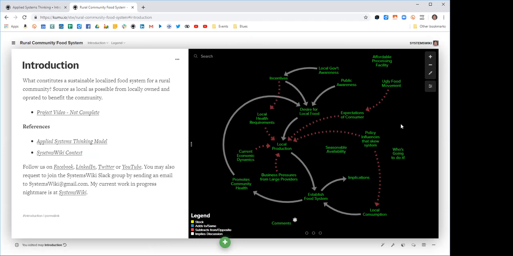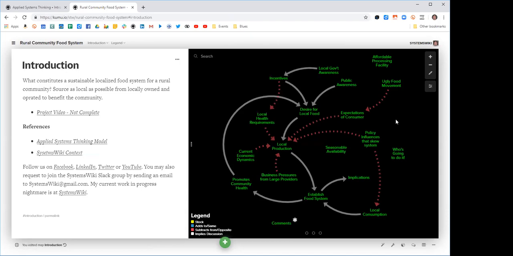So what I'm having trouble with right now is trying to solve this, because there are so many aspects to this local food, non-local food system, if you will. Some of them don't all move in the same direction.